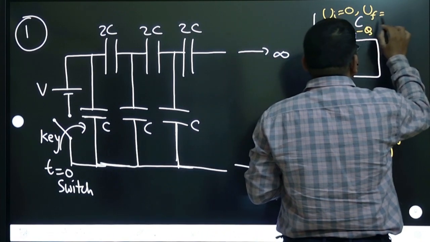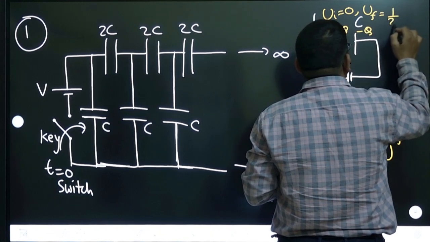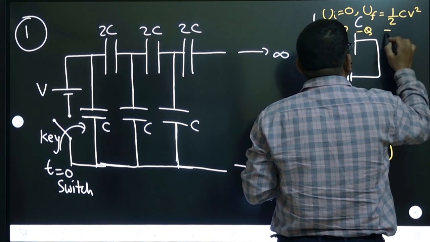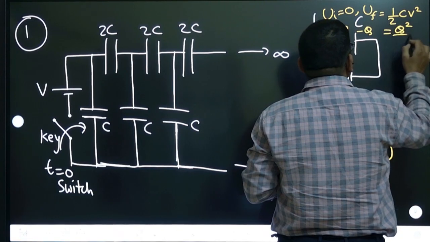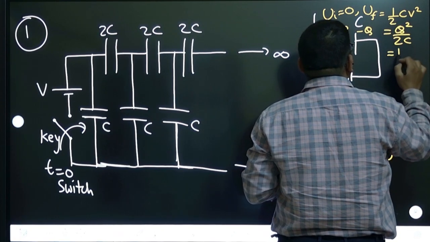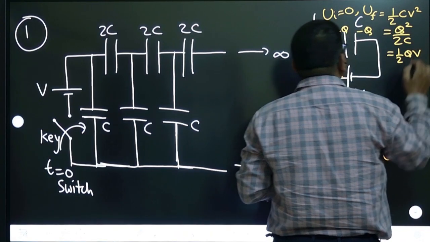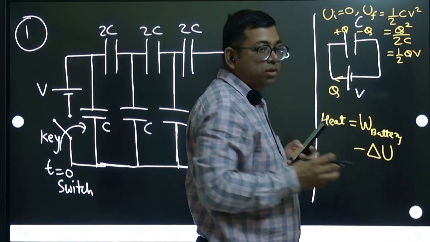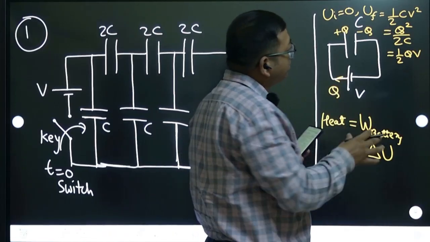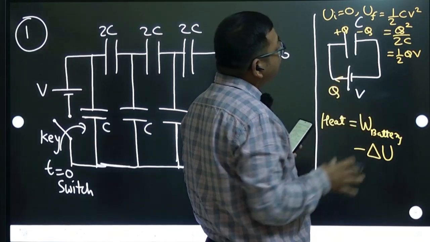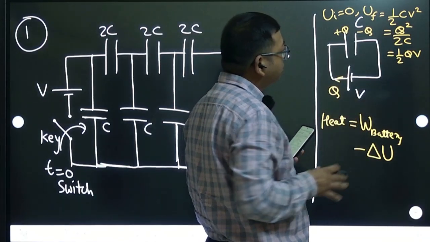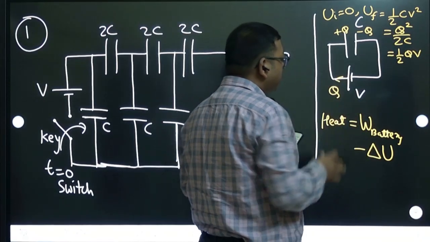Note this: energy stored in a capacitor is given as half CV square, or Q square by 2C, or half Q into V, whenever you connect with a battery.